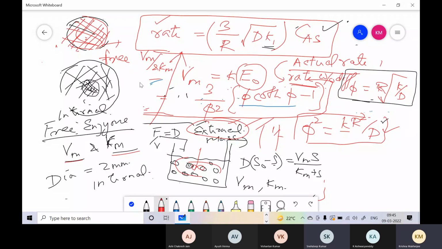As I pointed out in the earlier case, Vmax never changes. Why does it not change? Because you can always overload the system with so much substrate that it becomes zeroth order. And when you have a zeroth order reaction, then whether there is diffusion or not, the rate of reaction is independent of substrate concentration.